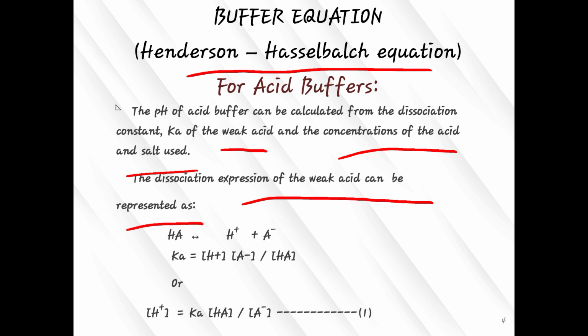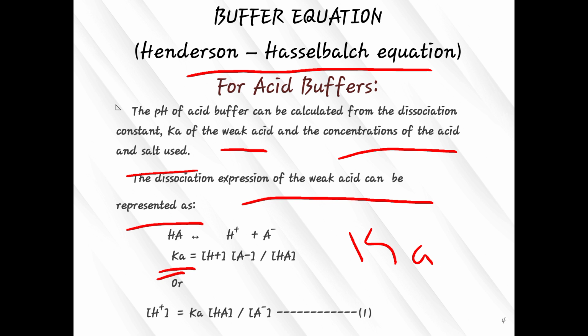The dissociation constant K is equal to the concentration of H plus times the concentration of A minus divided by the concentration of HA.